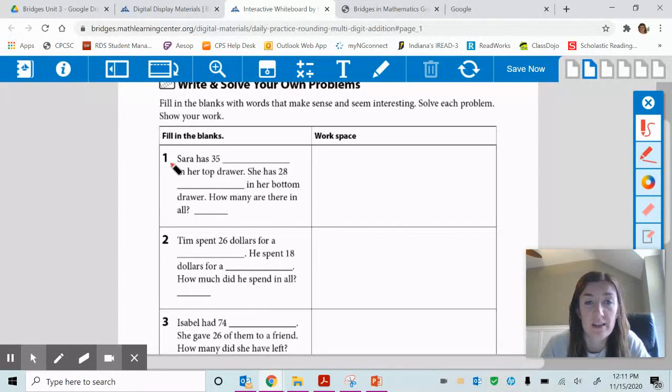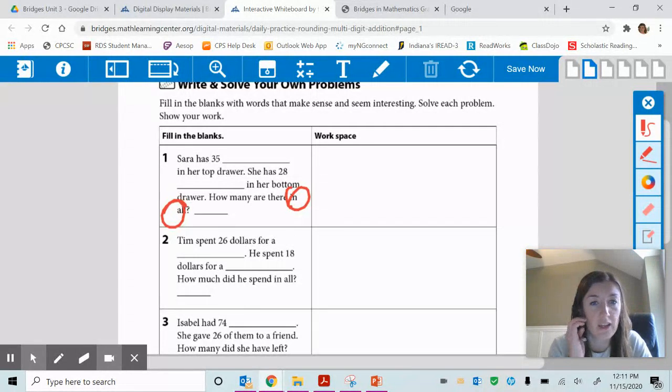So number 1 says, Sarah has 35 something in her top drawer. She has 28 something in her bottom drawer. How many are there in all? So think about, if you see the words in all, what type of story problem is this? If you said addition, you are correct.